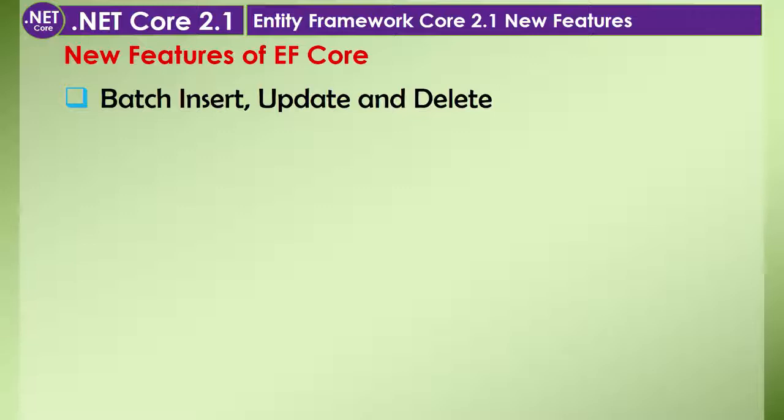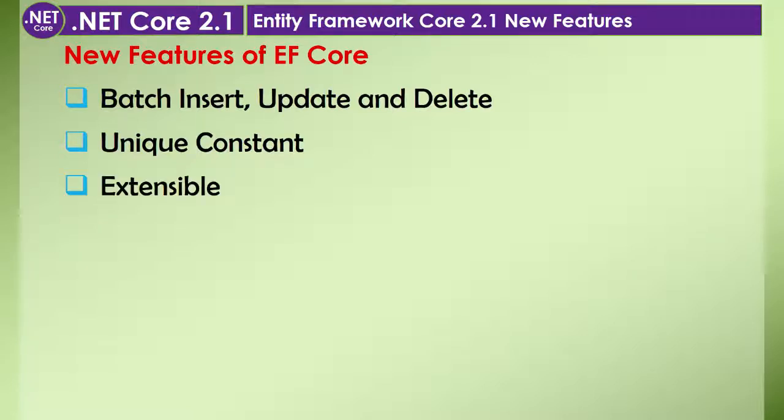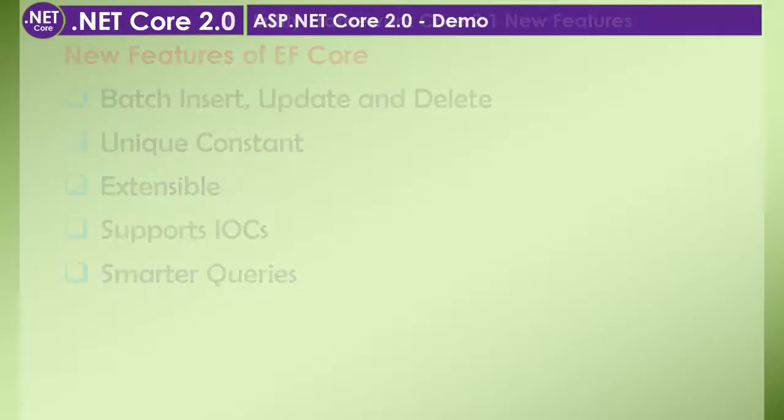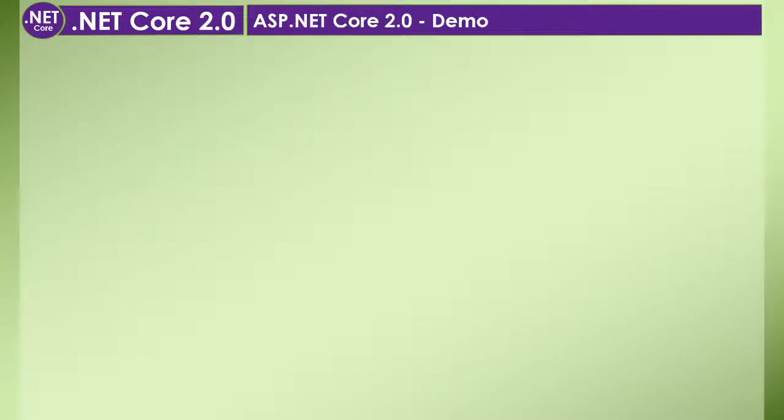But Entity Framework Core now has a facility to insert a batch, or a list of records, at a time without running a loop internally. Also, there is unique constraint support in Entity Framework Core. It is extensible with the previous versions and also supports IoC and smarter queries. These are the main features of Entity Framework Core.